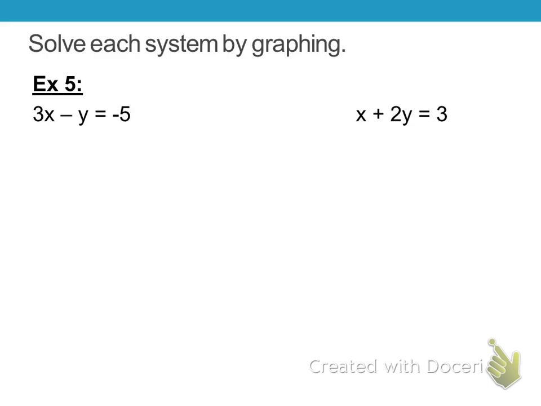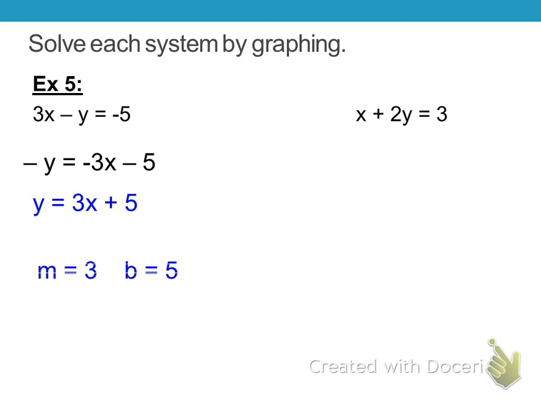All right, how do I get the y by itself on the first one? Good. Subtract 3x, and then what? Divide by -1. This should be a process that does not take super long for you guys. What's my m? 3. What's my b? 5. Good. Over on the right-hand side, x plus 2y equals 3.